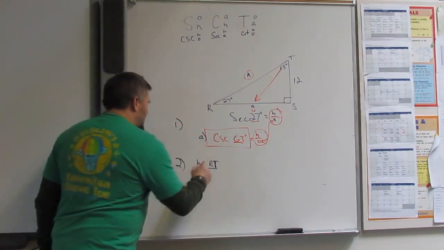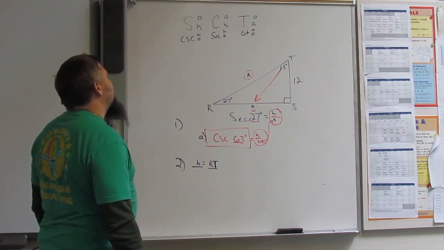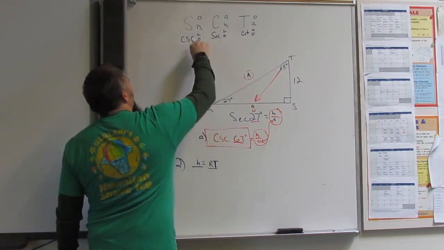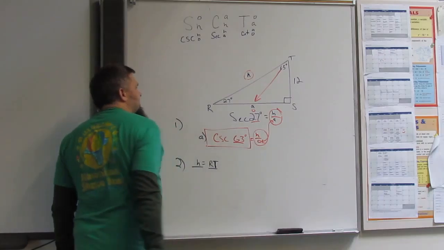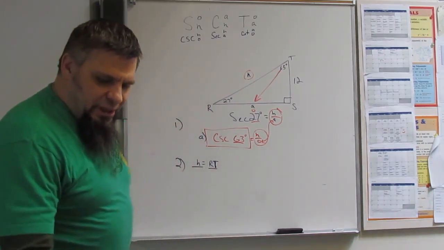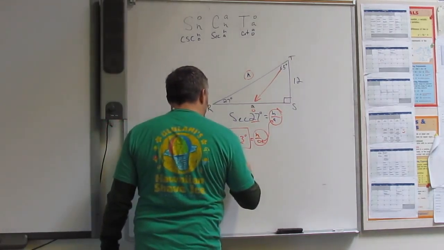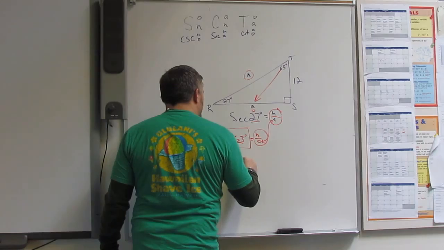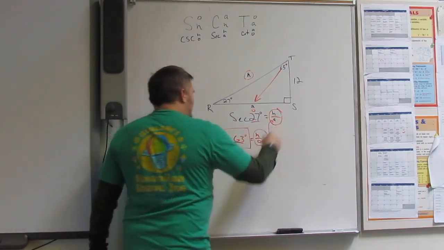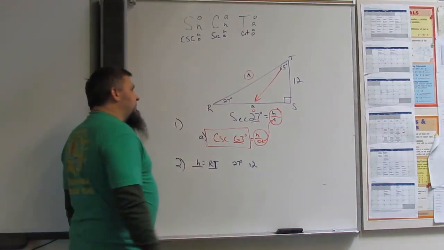So what has H on top? Well, it's either going to be cosecant or secant. And when I'm looking at the answers, they're all with respect to 27 degrees and the side of 12.